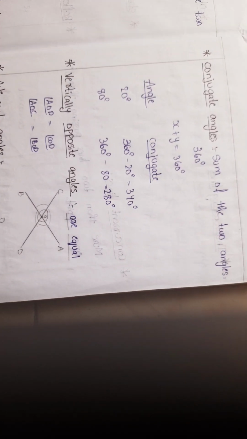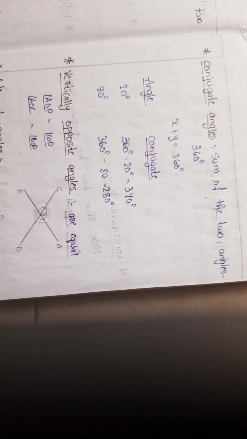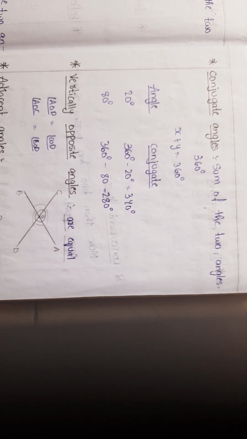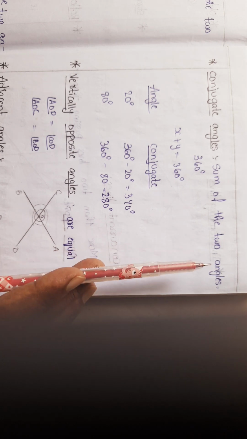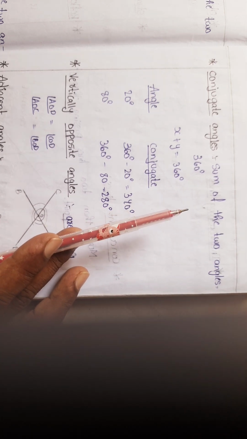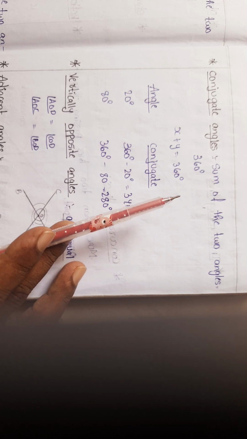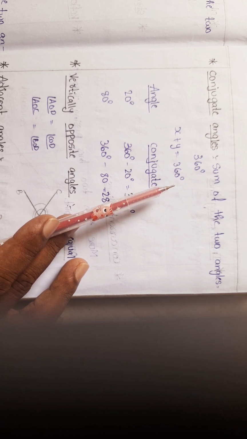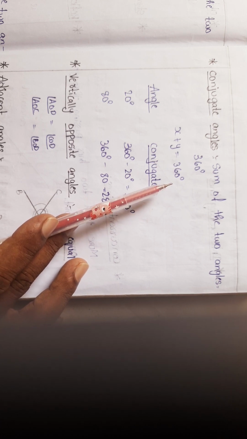If the sum of the two angles is equal to 360, then those are conjugate to each other. That means x plus y is equal to 360. x is conjugate to y. Of course, y is also the conjugate angle to x.